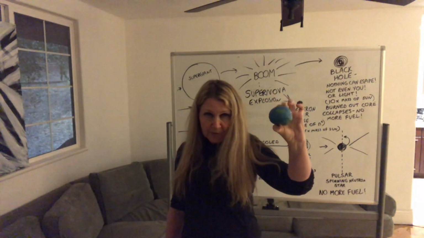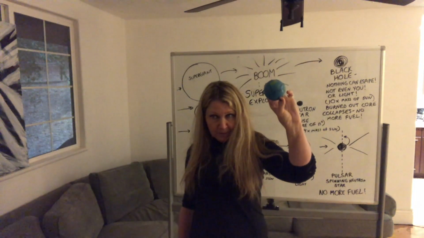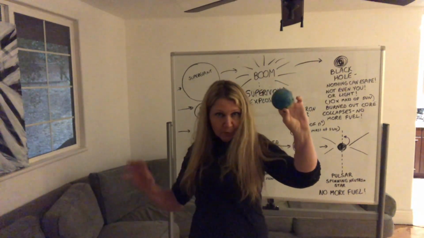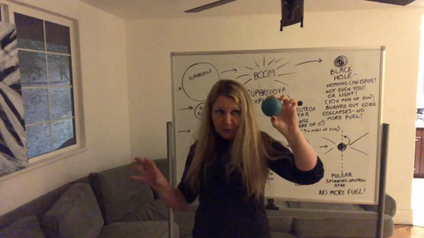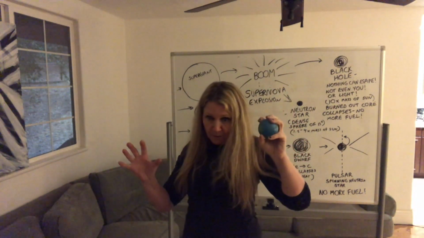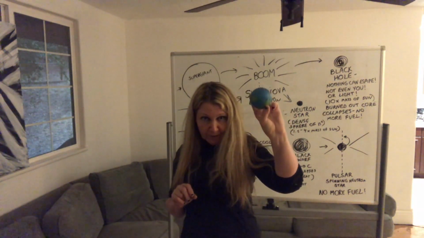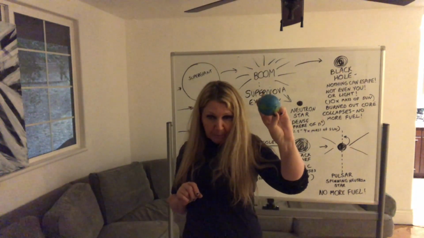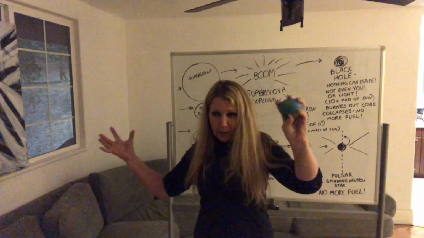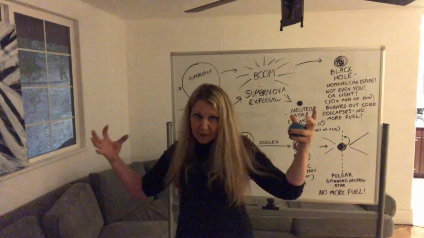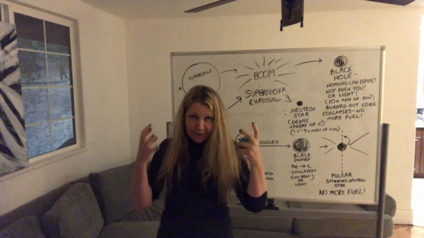But the sun, compared to this, is massive. Much more mass, much more volume. But white dwarfs are so dense that they take up the amount of space our Earth occupies, but yet they have the mass of the sun. So it's a lot of mass in a small space. Very, very, very dense.